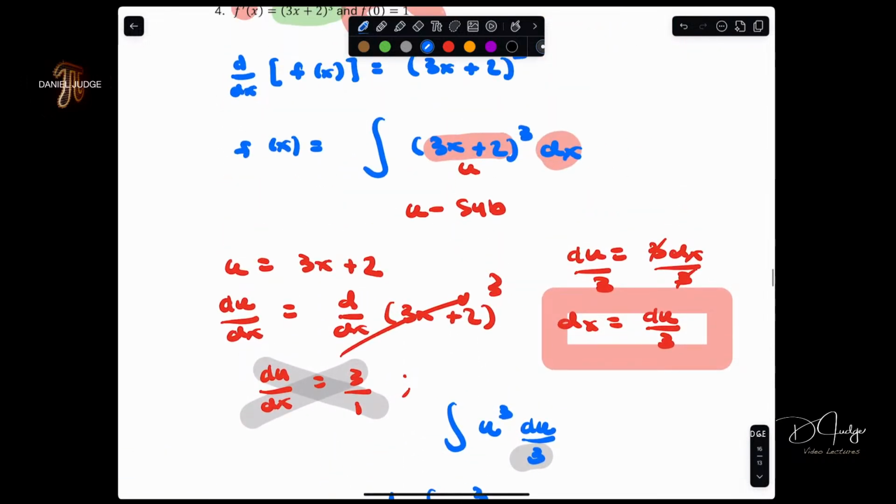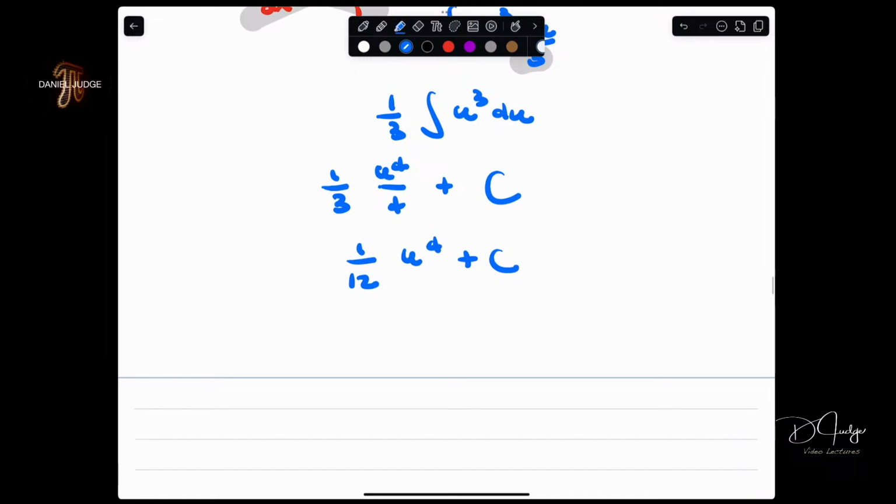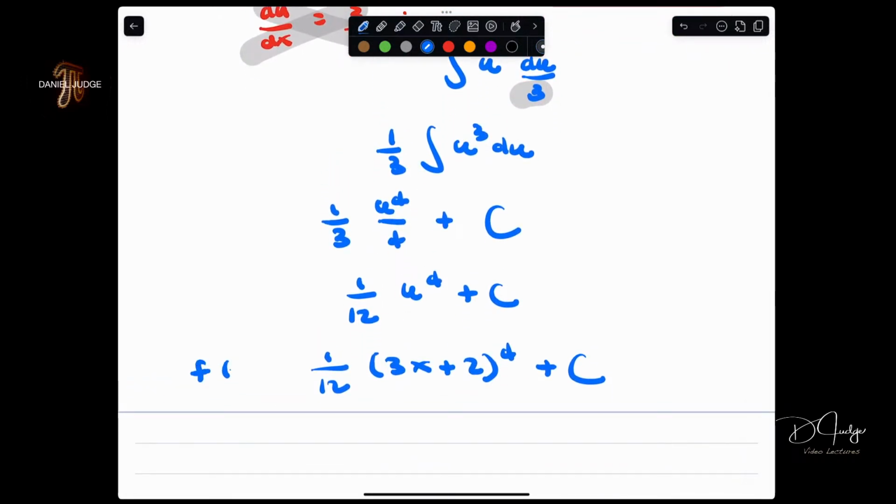But we want to go back and remember what u was. So it's 3x plus 2. There we go. This is the function.